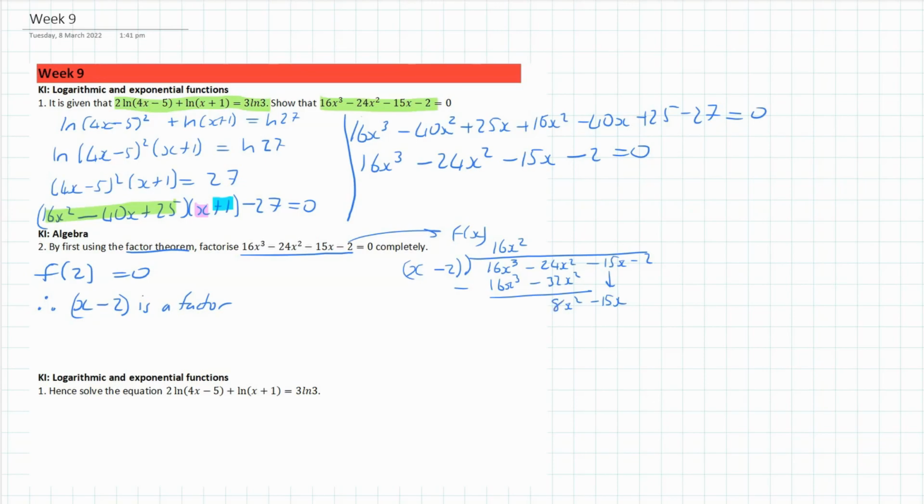Okay, so I'm going to times everything by 8x. And that will give me 8x squared minus 16x. I'm going to subtract that, and I'm going to bring this minus 2 down. So I end up with a positive x minus 2, and then obviously I can just times by 1 to get rid of that, and you see indeed there is no remainder. Okay, now what does this actually mean?